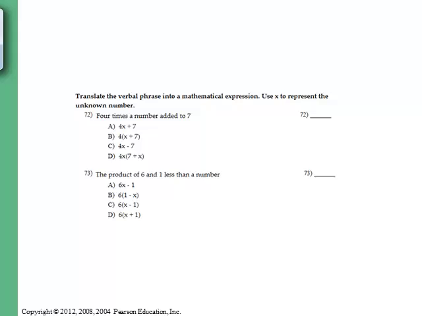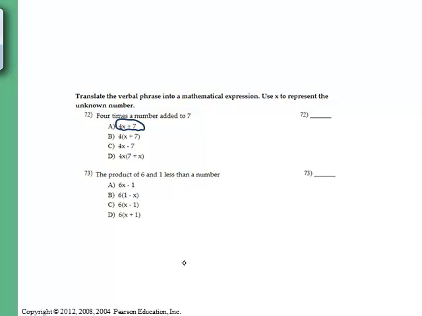Four times a number added to 7 would be this one right here. 4 times a number plus 7 would be the second one. 4 times a number subtract 7.